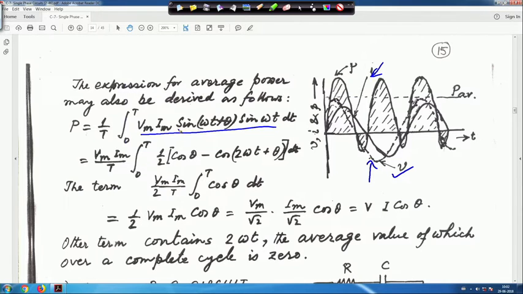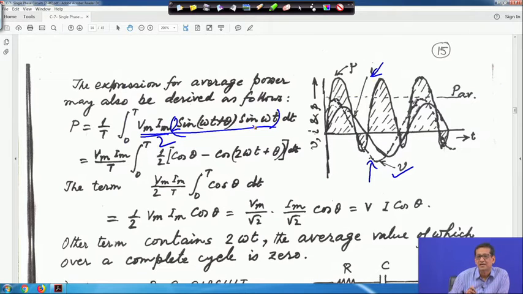Numerator and denominator you multiply by 2, then it is 2 sin A sin B. You use the 2 sin A sin B formula from your class 11 trigonometry: 2 sin A sin B is equal to cos(A minus B) minus cos(A plus B). If you do so, you will get this.